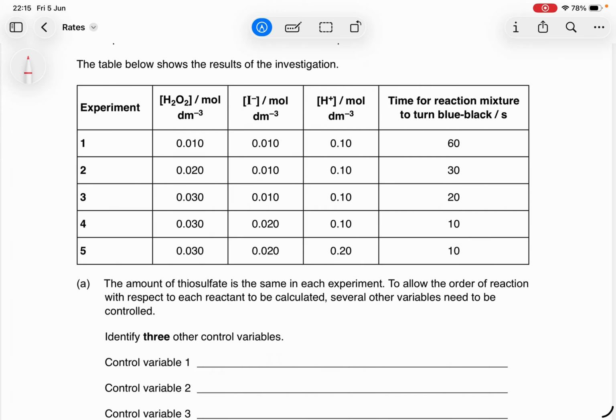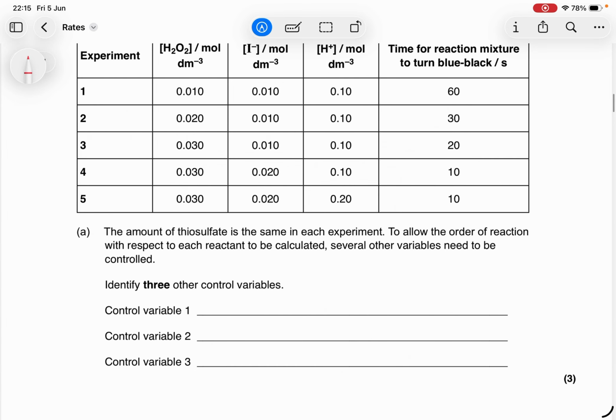Now look very carefully then. In this experiment, you've got hydrogen peroxide, iodide, and H plus in that respect. And starch is also added, and you're recording the time it takes for the reaction mixture to turn blue.